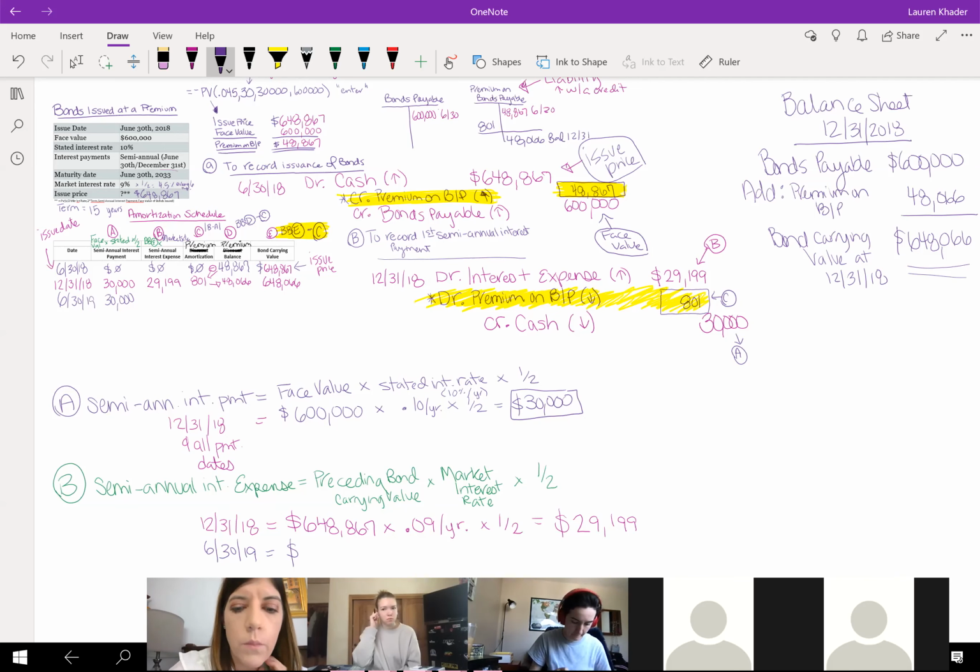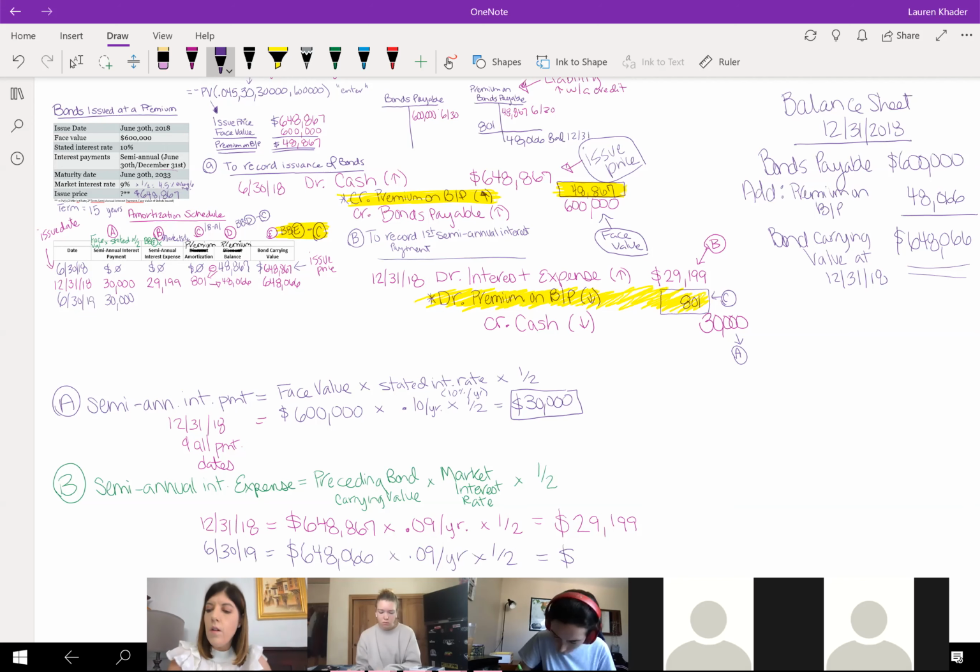What's the preceding bond carrying value? 648,066. Correct. 648,066 times 9% interest per year times 1/2. And how much in interest is going to be expensed for this? 29,163.